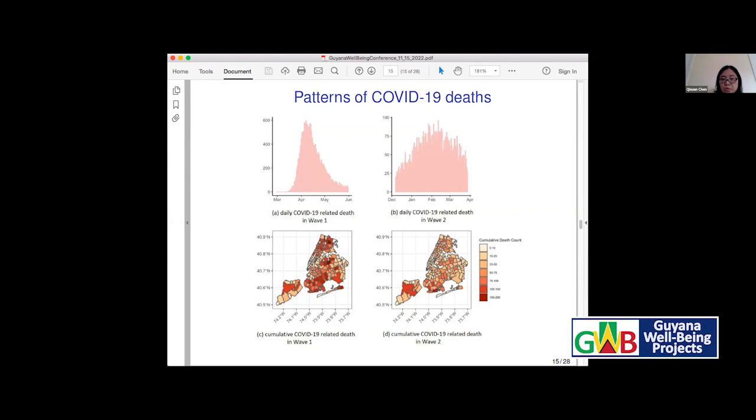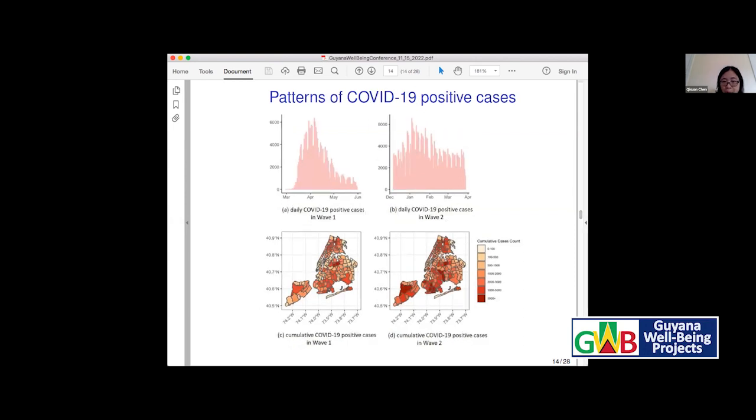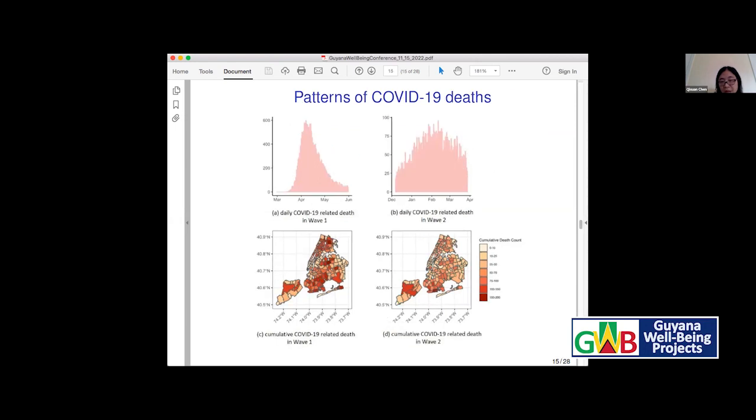One interesting thing to show you is that for wave 2, if you see this for positive cases, a lot of neighborhoods have a much darker color compared to wave 1. And also for the daily sum, you can see it's a lot of cases. But when you look at the deaths, it's much lighter in color.